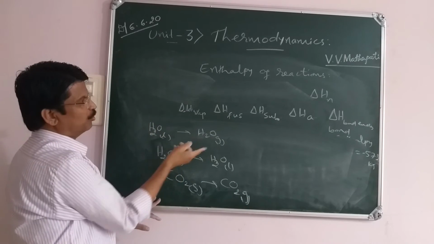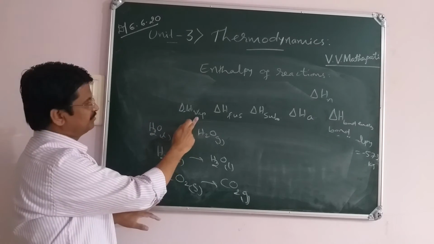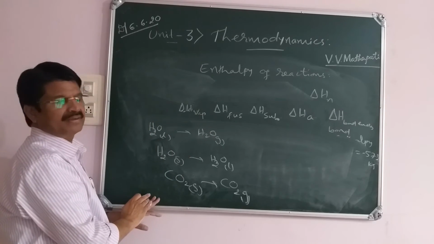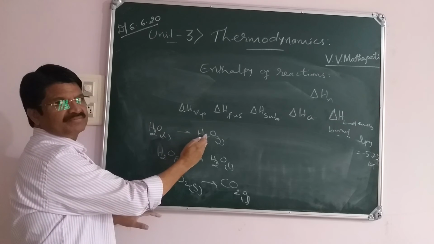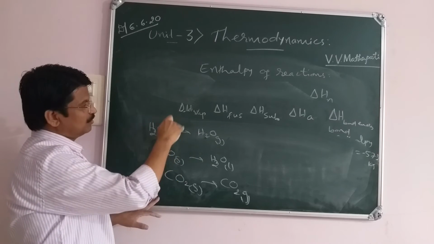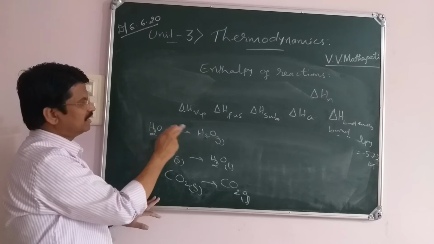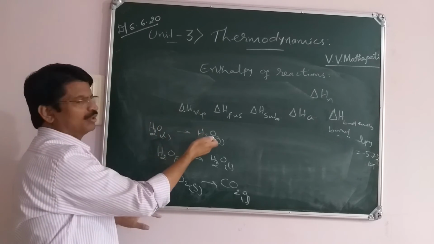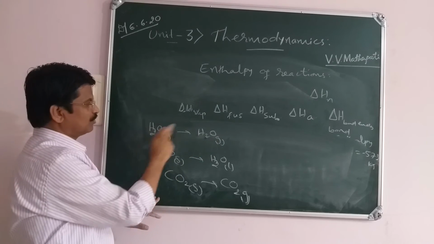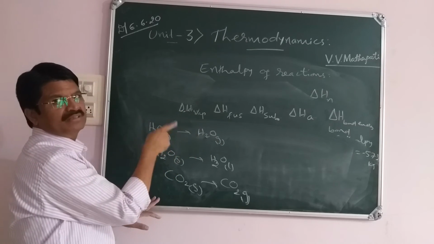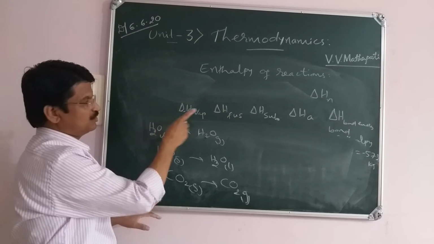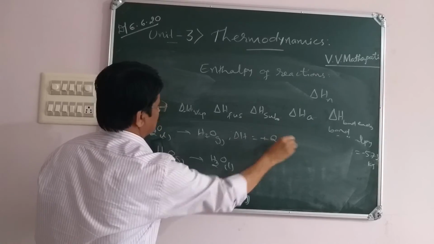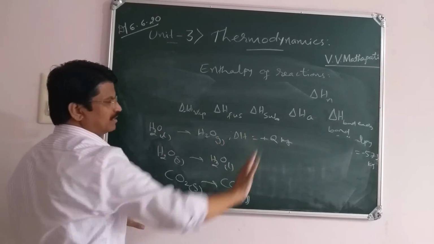Liquid to gas, boiling, is called vaporization. In all the cases, we are using 1 mole. 1 mole of liquid is changed to gas at its boiling point. Then the delta H value, how much heat is supplied to convert 1 mole of liquid water into 1 mole of gaseous water, that heat value is said to be enthalpy of vaporization. Delta H value is plus Q kilojoules, whatever heat is absorbed, that you write here.